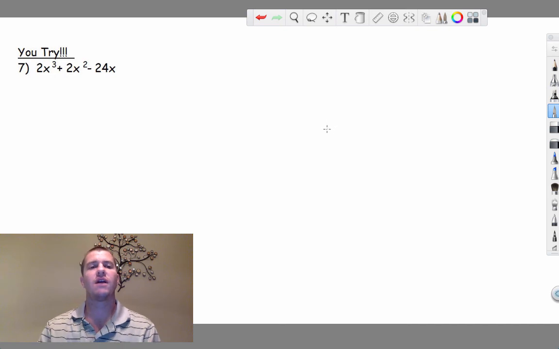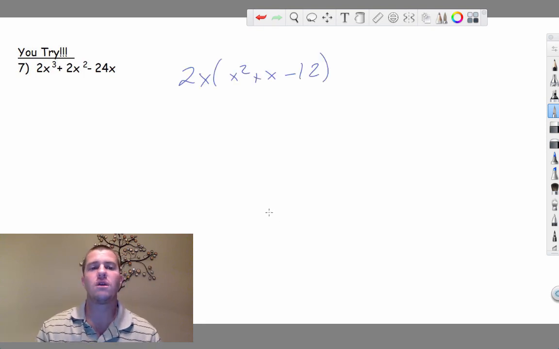Okay, so go ahead and try this one on your own. It's a little bit different. Pause it. If you can't figure out how to start, I'll give you a hint in a little bit. Okay, so if you couldn't figure out how to start this one, because this last term has an x, every term has an x, you can factor out an x. So I factored out 2 and x because they each have a 2 as well.